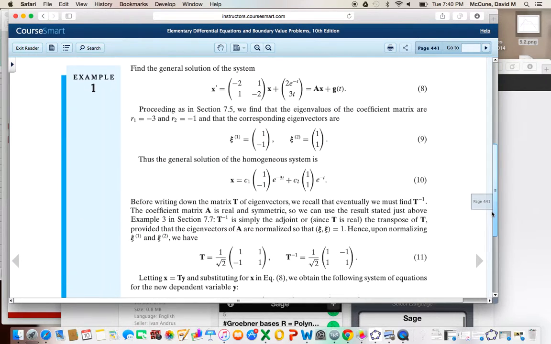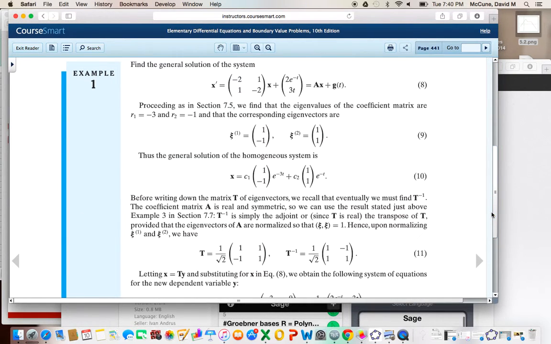So right here, example 1 uses a technique that we're not talking about and that you don't need to know. So don't worry about what they're doing here with this matrix T they're forming. Just notice here that in example 1, they get the eigenvalues, -1 and -3, and the corresponding eigenvectors. So here is the solution of the homogeneous version.